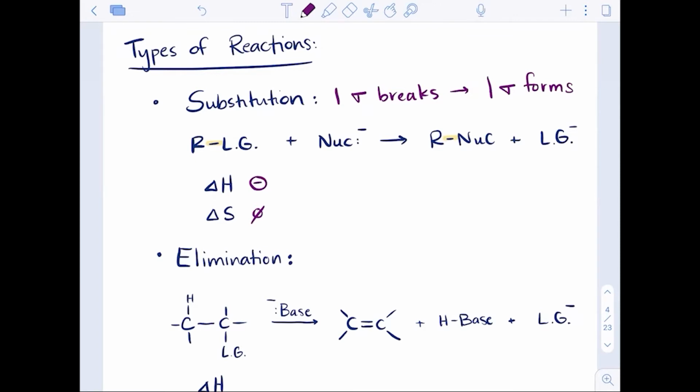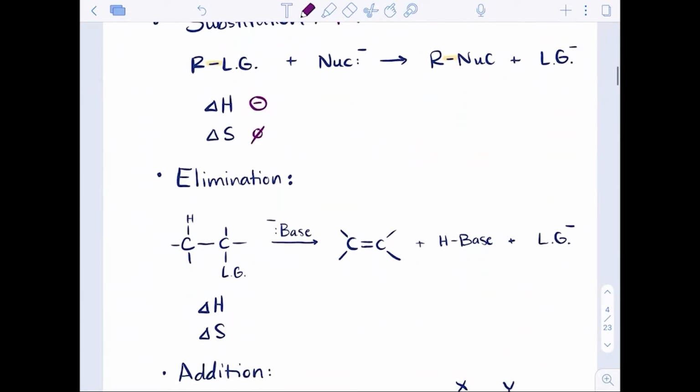An elimination reaction was when we had two sigma bonds break and one pi bond form. So we see a beta hydrogen and an alpha leaving group are going to be removed and a new pi bond is formed. Typically, because sigma bonds are stronger than pi bonds themselves, these reactions are generally endothermic.